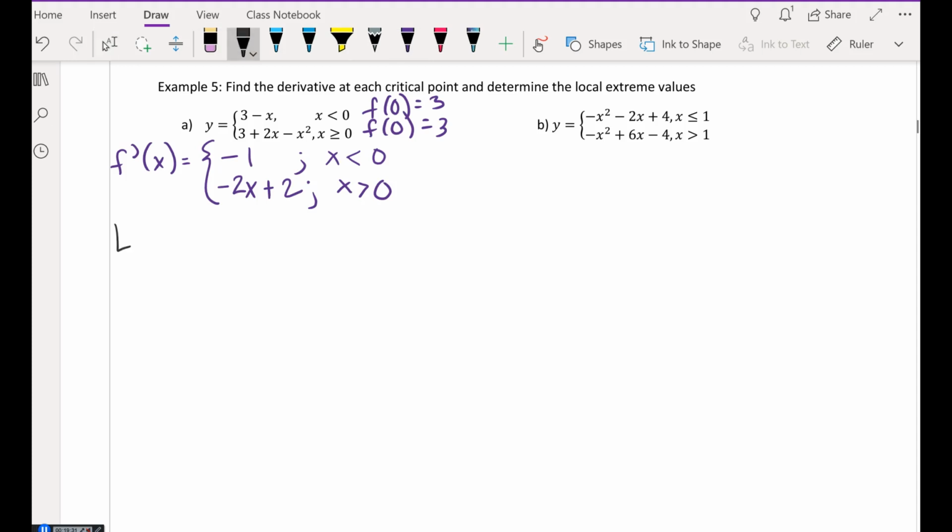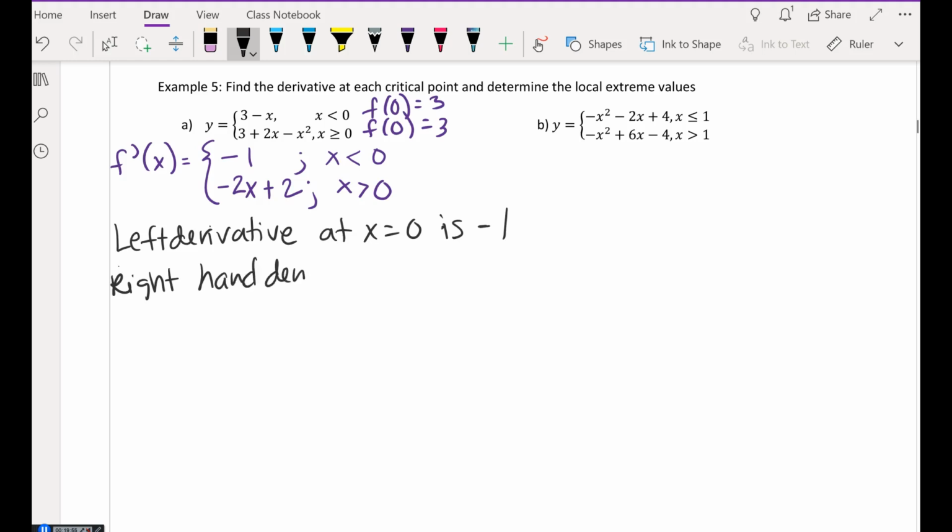Okay, so let me spell that out. Left-hand derivative at x equals 0 is? -1. Right-hand derivative at x equals 0 is what? It is 2.